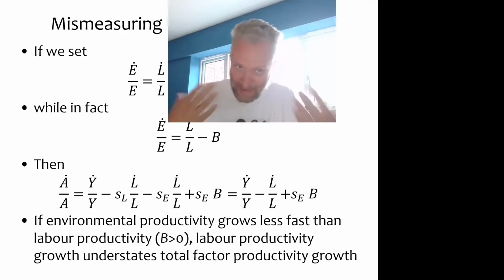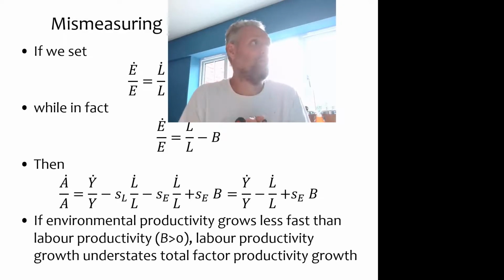If you can't measure something, but it is an important input, then essentially you assume that its growth rate is equal to the growth rate of the things that you can measure.